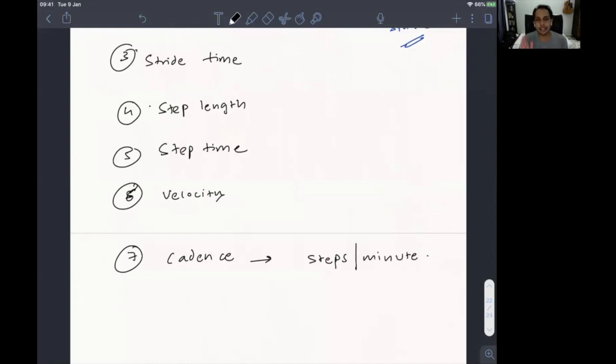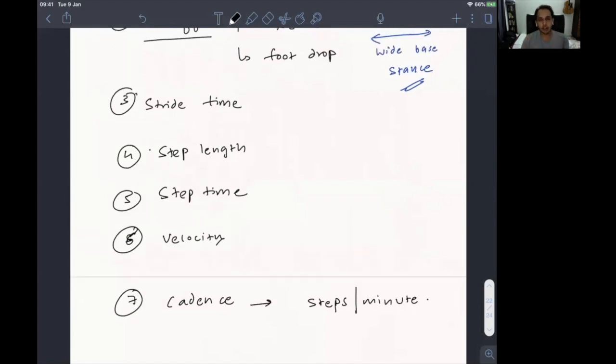Now, why are these things important? Because if you have a patient with some problem in gait, you don't know what the problem is, and supposing it is too complicated, you are not able to analyze, the way to approach it is to at least document what all problems there are.